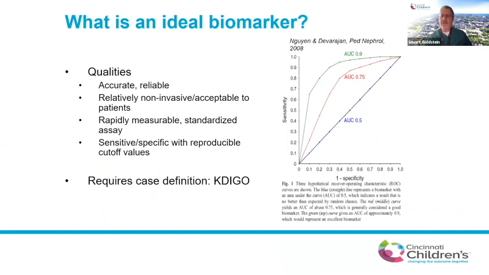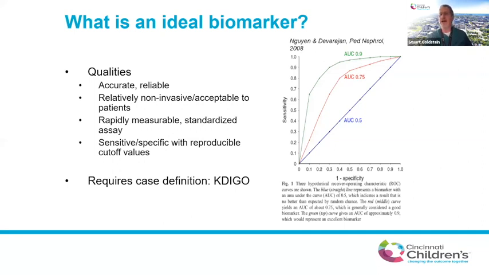And the way we evaluate a biomarker is with something called the area under the curve of a receiver operator characteristic. So a perfect biomarker would have 100% specificity and 100% sensitivity, and would have an AUC of 1. A worthless biomarker, or a flip of the coin, would have an AUC of 0.5.